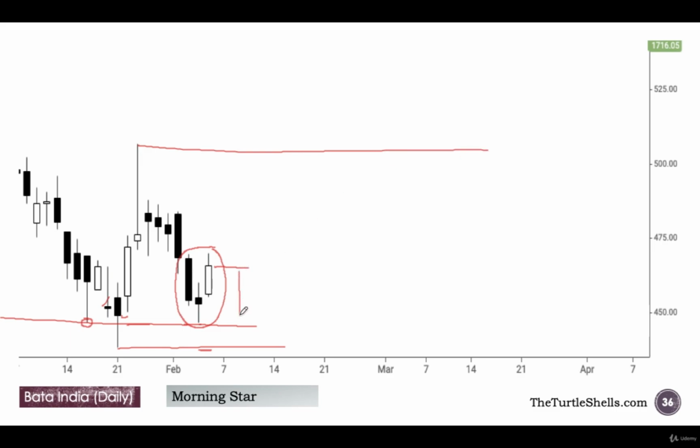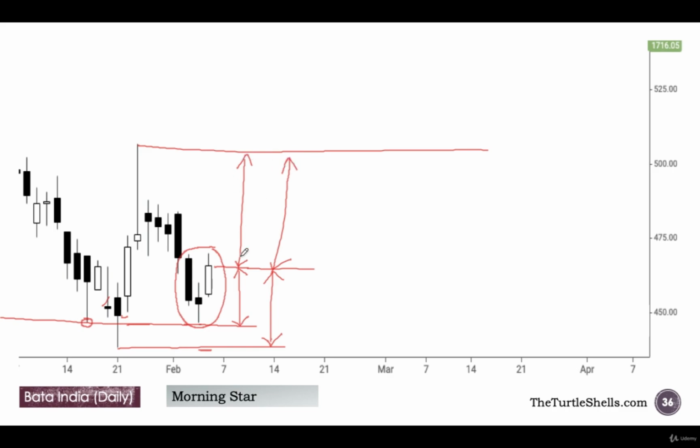Now the profit target would be the prior high, which is this. So if I look at this as my risk, then you have a nice 2-to-1 trade. If I extend my risk, my cushion is more. So my risk, although in absolute value is more, I have more cushion now, so the probability is more that the trade will work out, but my reward to risk is reduced.